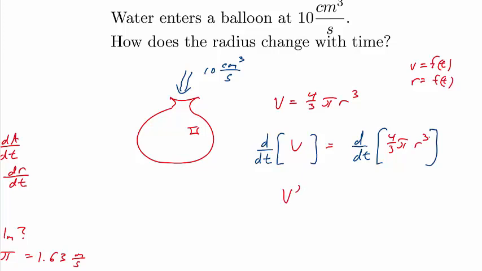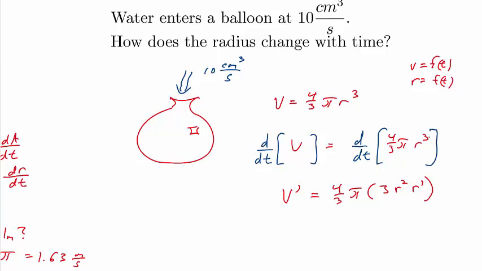Again, V prime means the derivative of the volume with respect to time. Okay? And then we come over here, we have 4/3 pi, since that's a constant times a variable, and take the derivative of r cubed, which is simply 3r squared multiplied by r prime, where again r prime is the derivative of the radius with respect to time.